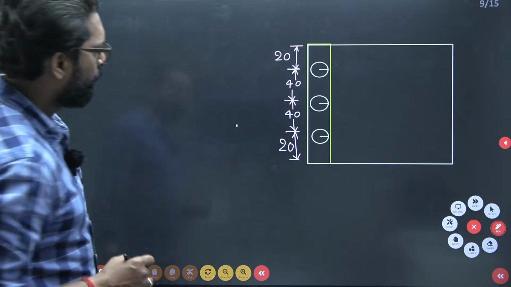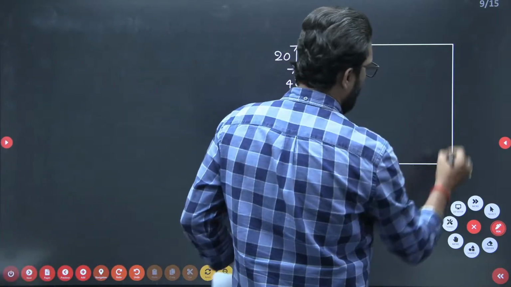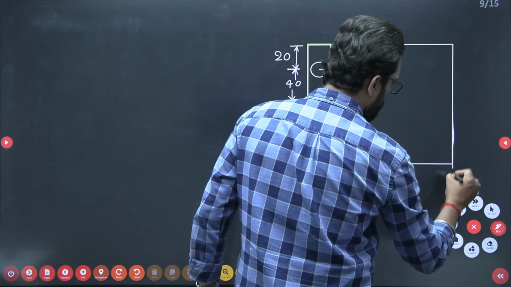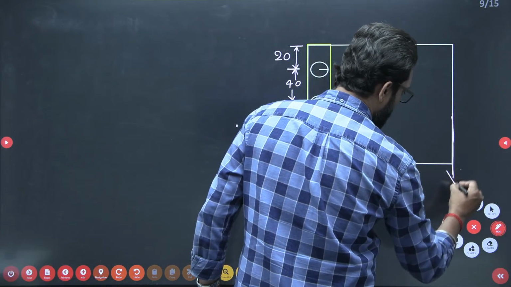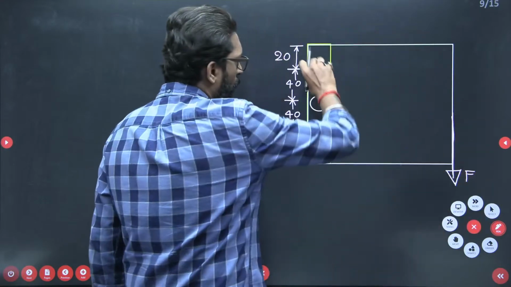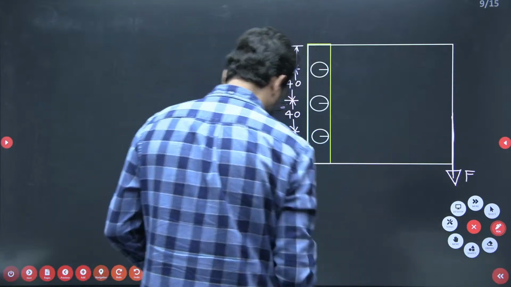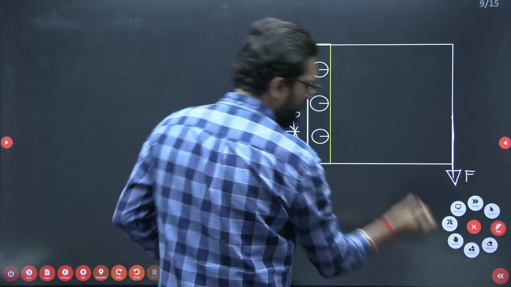Clear? Now we apply the load here. Let's suppose a force is applied on this one, and due to the eccentricity, this is the eccentricity, and the distance is given.